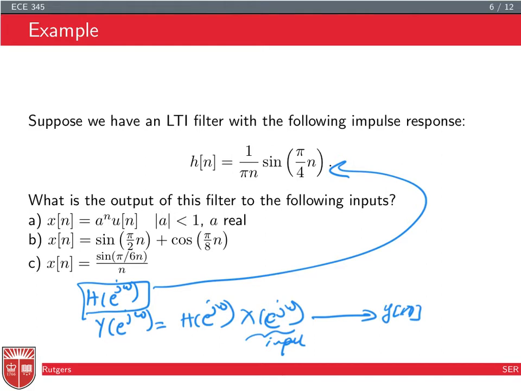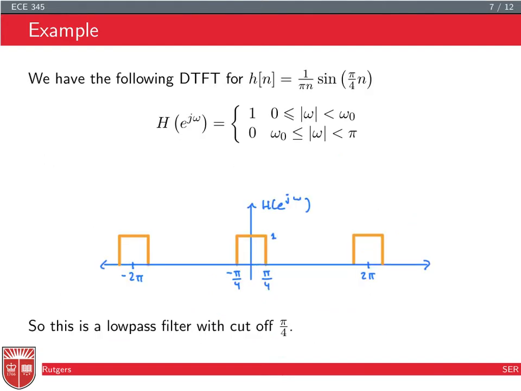So this, if you remember, corresponds in the frequency domain to a box or rectangular function that is repeated, and it's basically a low pass filter. So here I have the inverse DTFT or the DTFT of the impulse response.